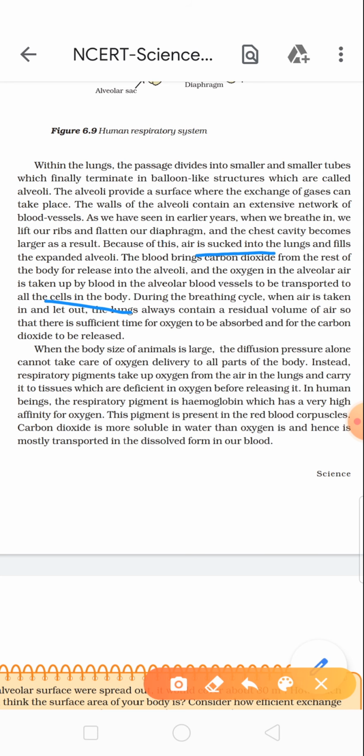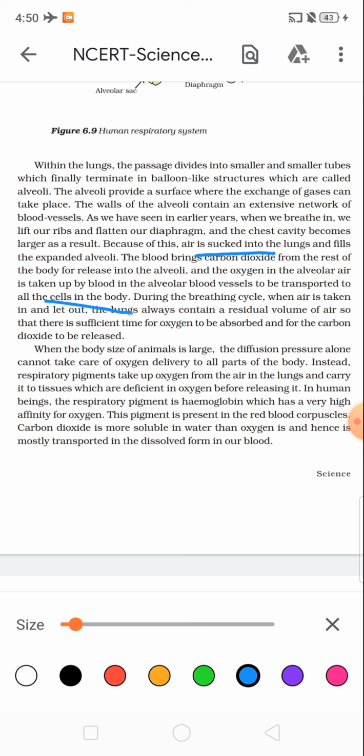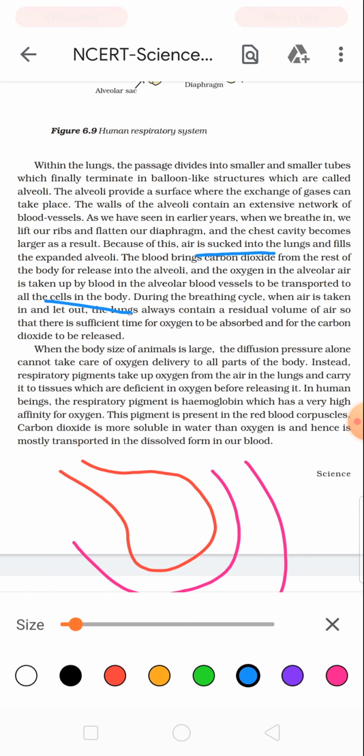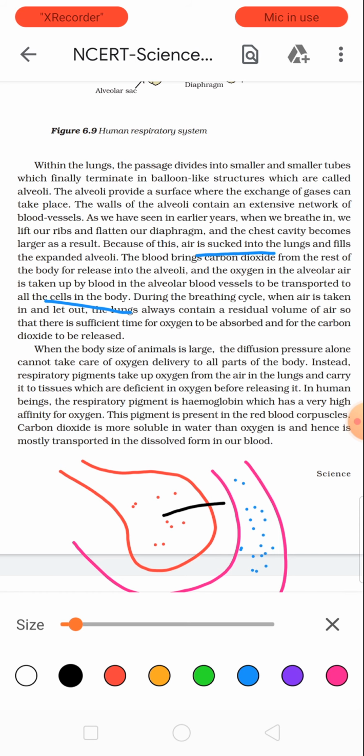This I have just explained to you, but I'll explain again. If this is your air sac, then you will have the blood capillary. Inside the blood capillary you will have carbon dioxide here, and here you will have oxygen. Oxygen will move from your sac towards the capillary.